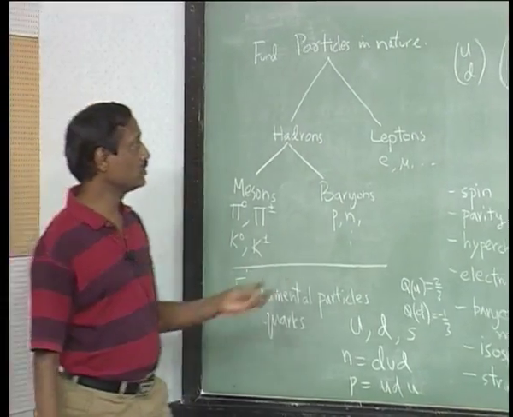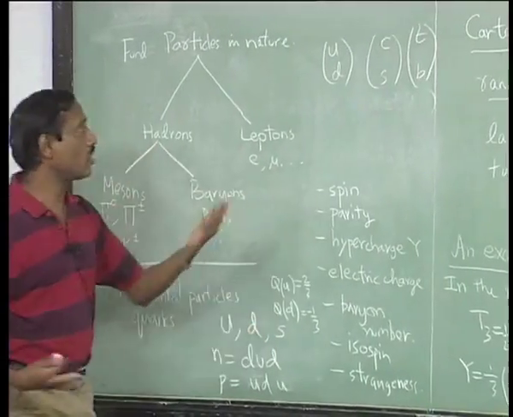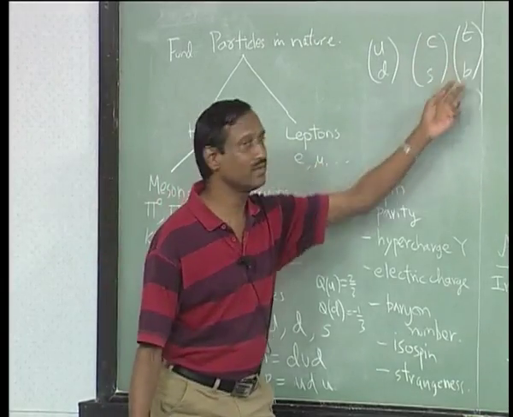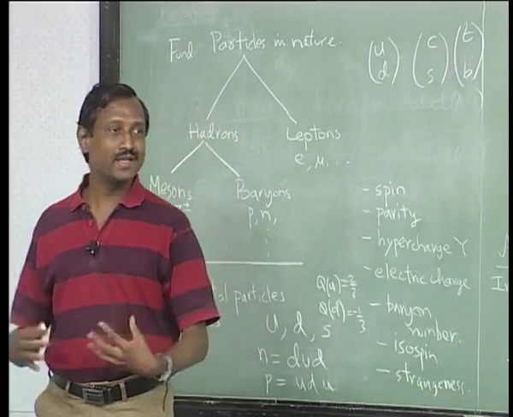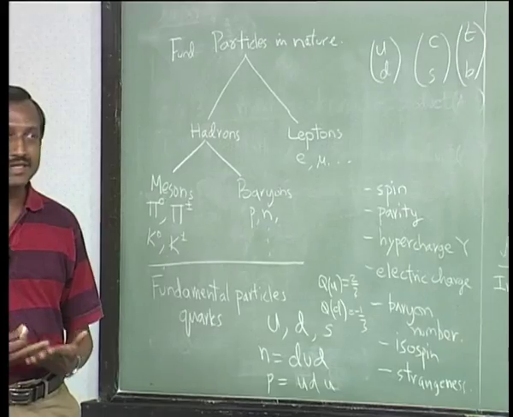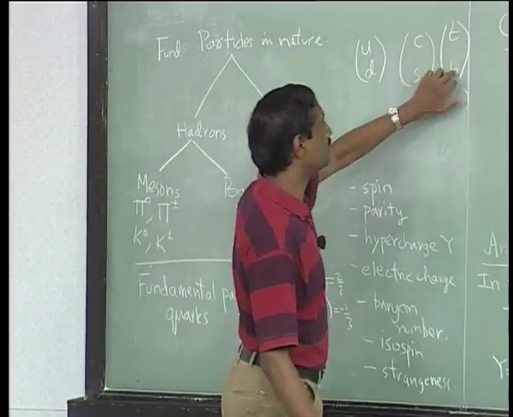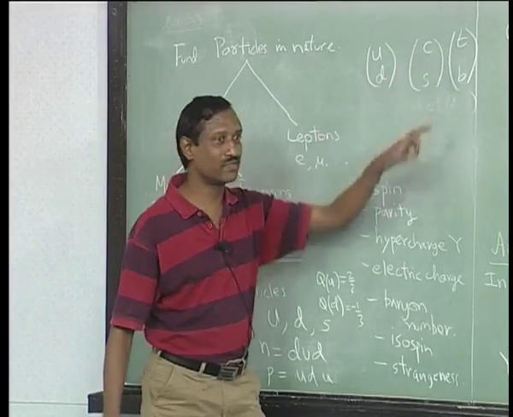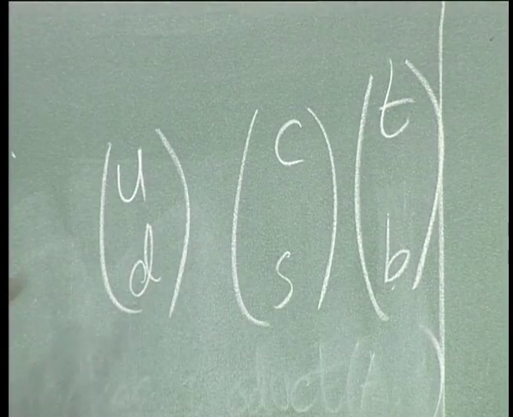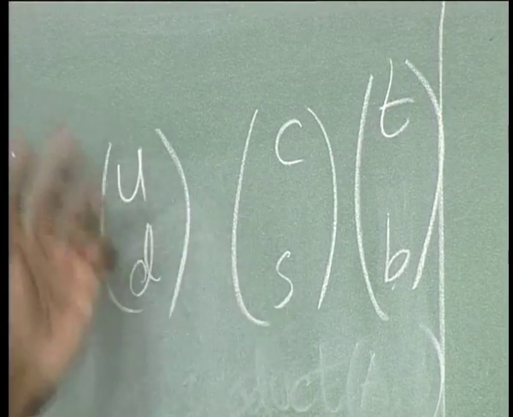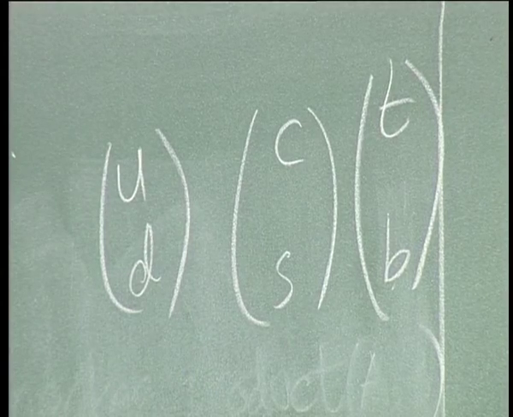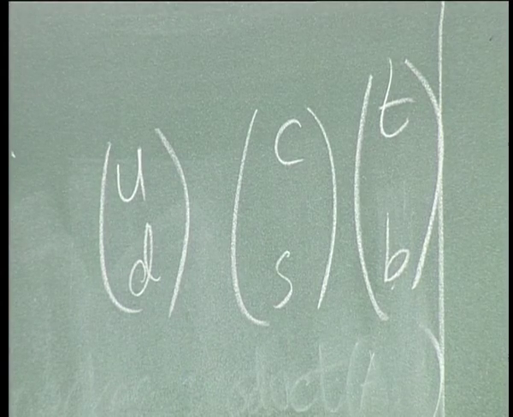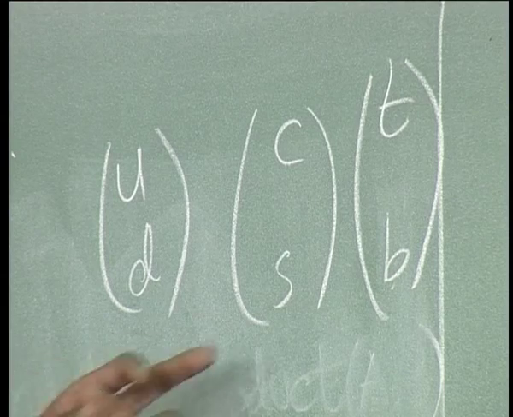Since these guys are massive, if you are looking at low energies which are much lower than their rest masses, in as much as you can observe them, you would only need to work with three such quarks, that is u, d and s.